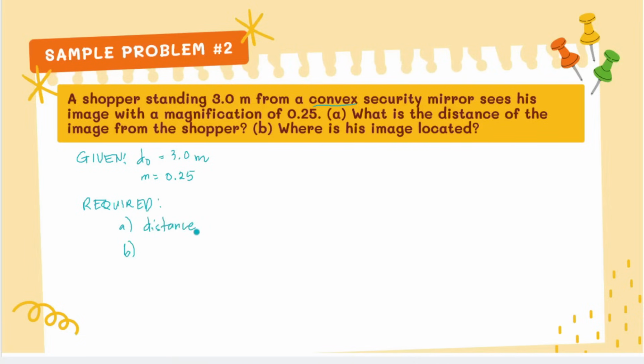So that is different from the distance of the image kasi when we say DO and DI, we are measuring from the mirror. This time, for letter A, we are asking for the distance from the shopper. And where is his image located? This is your DI. So here, I think we just need the magnification equation. Okay, so this is not solution but equation.